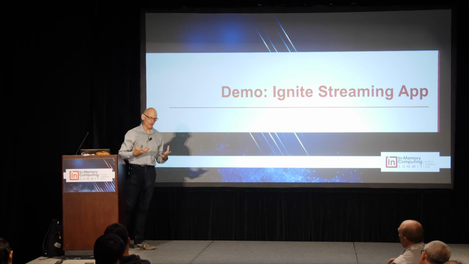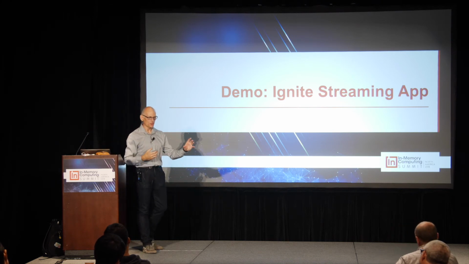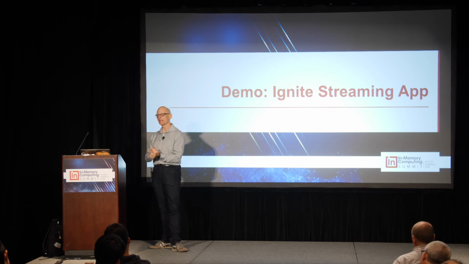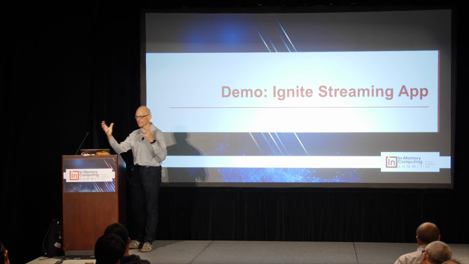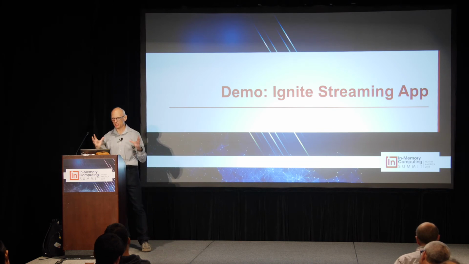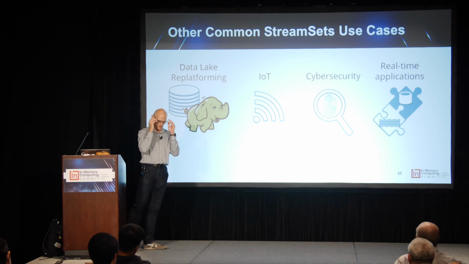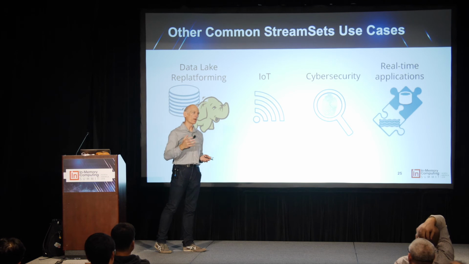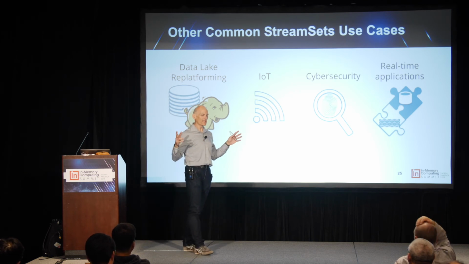Anyway, I've been talking about pushing data into Ignite in this kind of narrow use case. It's almost like master data management, combining data from different applications to build like a master copy. Other use cases that our customers commonly use us for, one is the term data lake replatforming.